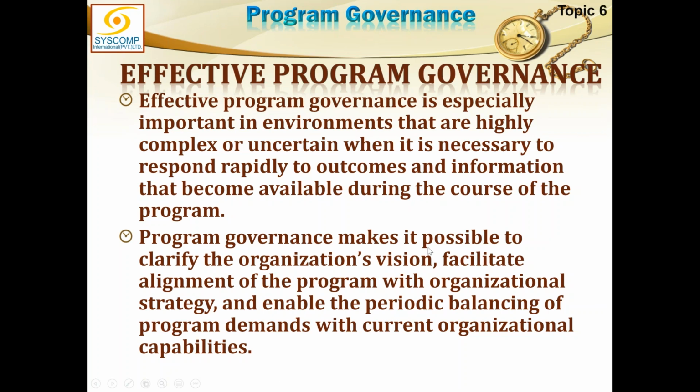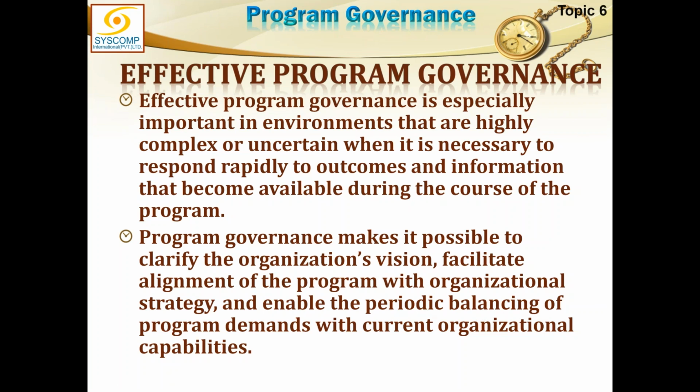Program governance makes it possible to clarify the organization's vision, facilitate alignment of the program with organizational strategy, and enable periodic balancing. And this periodic balancing will happen as we move ahead in the life of the program.